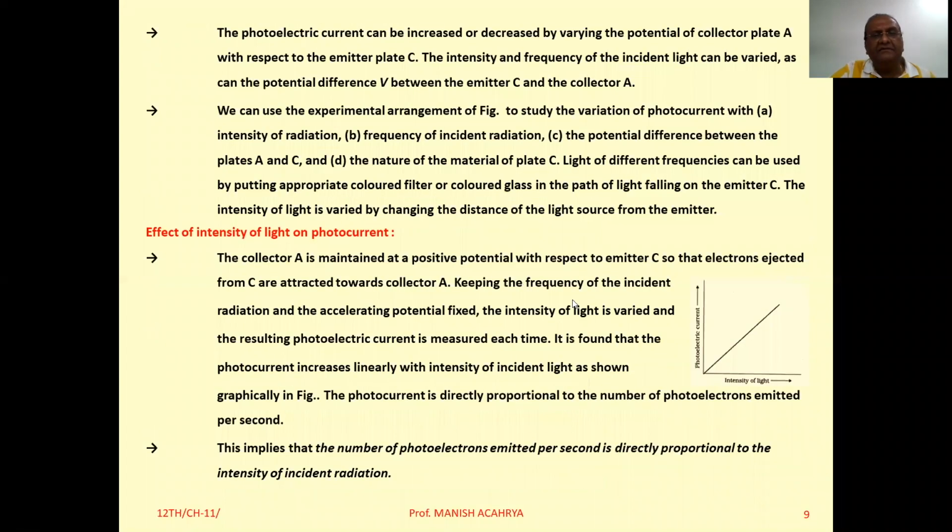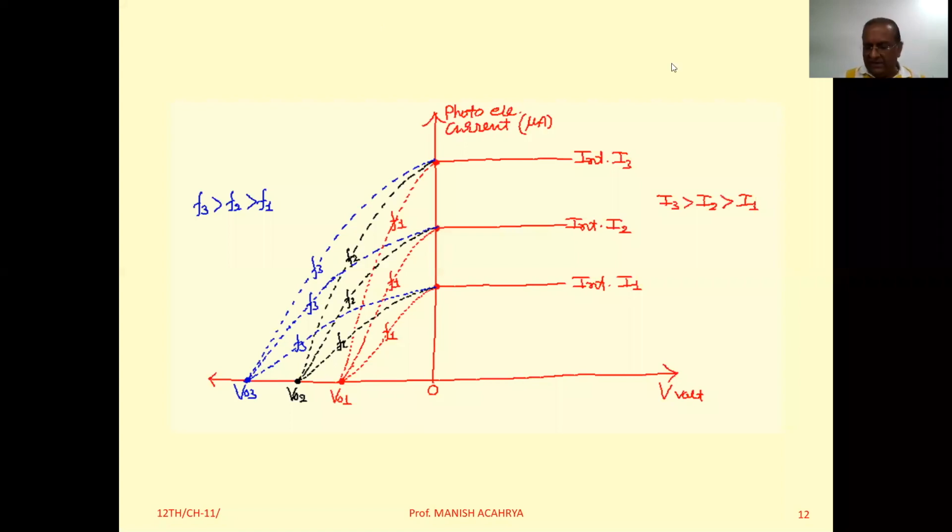Now see, as shown in the previous figure, the experimental arrangement was made. Then first, for the incident radiation, the intensity was taken I1 and frequency F1.